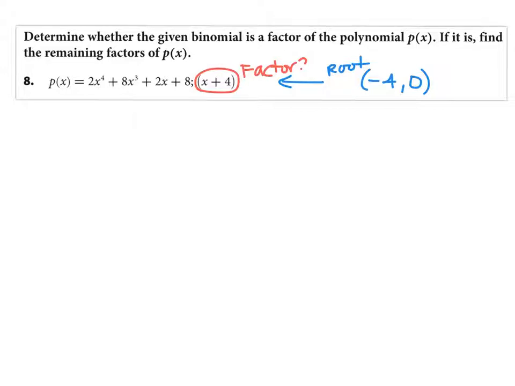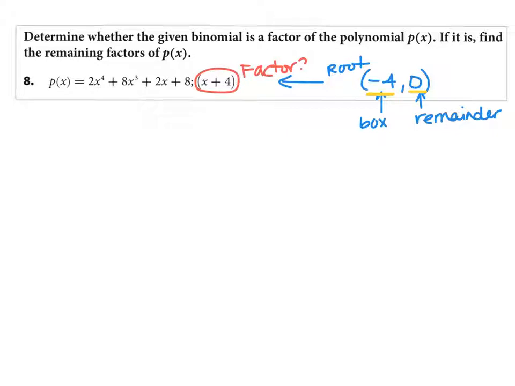And if this is a point on the polynomial, that would mean -4 would be in the box and 0 would be the resulting remainder. So basically what I'm trying to prove is if you put -4 in the box, will you get 0 as the remainder? So we need to set up our synthetic division.